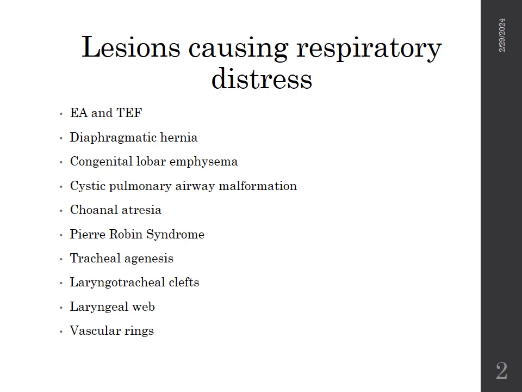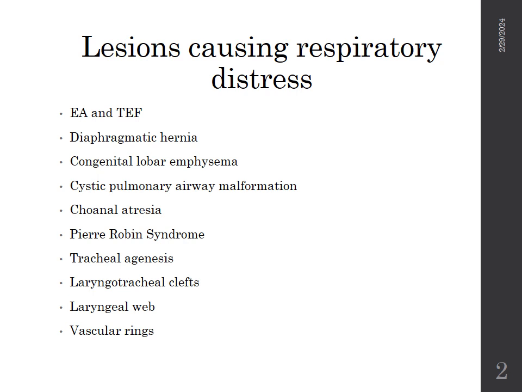Lesions causing respiratory distress include esophageal atresia, whether with a fistula or without a fistula, and we will talk about this in detail. Diaphragmatic hernia, congenital lobar emphysema, cystic pulmonary airway malformation, which is sometimes mixed up with cases of diaphragmatic hernia, and choanal atresia.